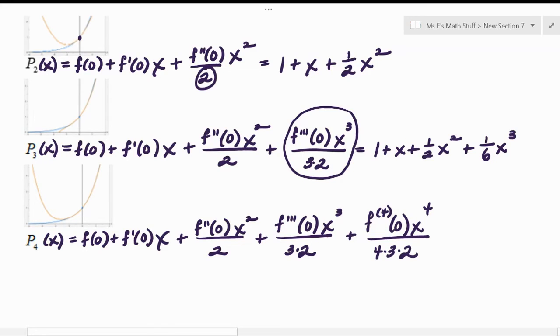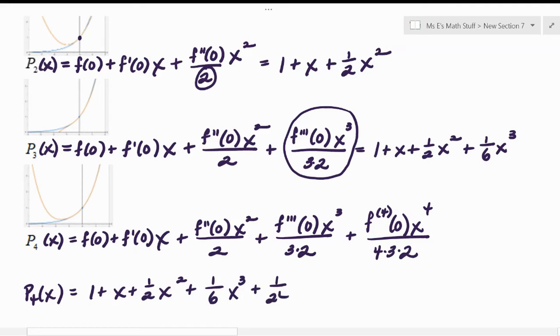So simplifying this beast, we would end up with 1 plus x plus 1/2 x squared plus 1/6 x cubed plus 1 over 24 x to the fourth. There we go.